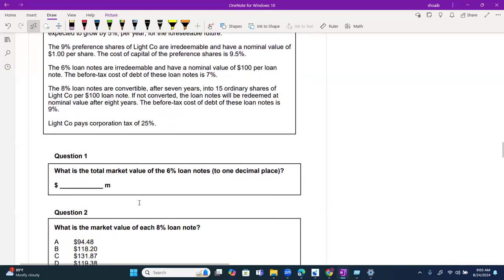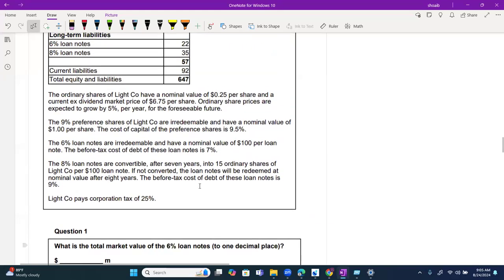Let's solve the question. What is the total market value of 6% loan notes? Now let's read it. 6% loan notes are irredeemable. Nominal value of 100. Before tax cost of debt is 7%. So 6 is the interest rate into 100, multiply with 100. Divide by 0.07. 6 divided by 0.07. Market value is 85.714. But that is for one bond.